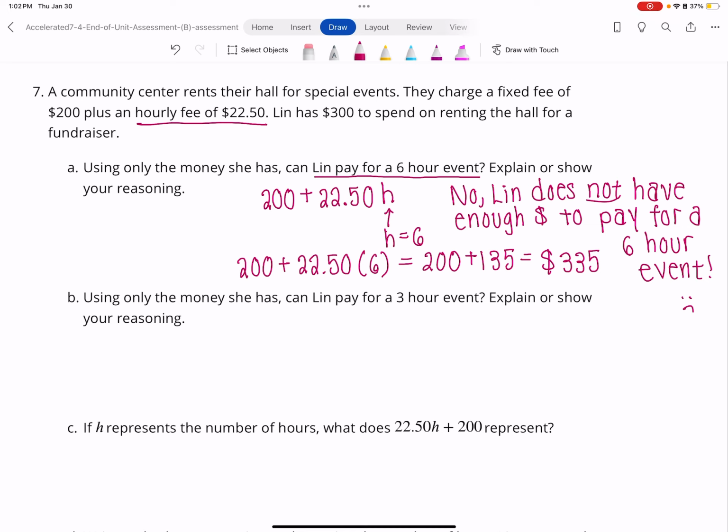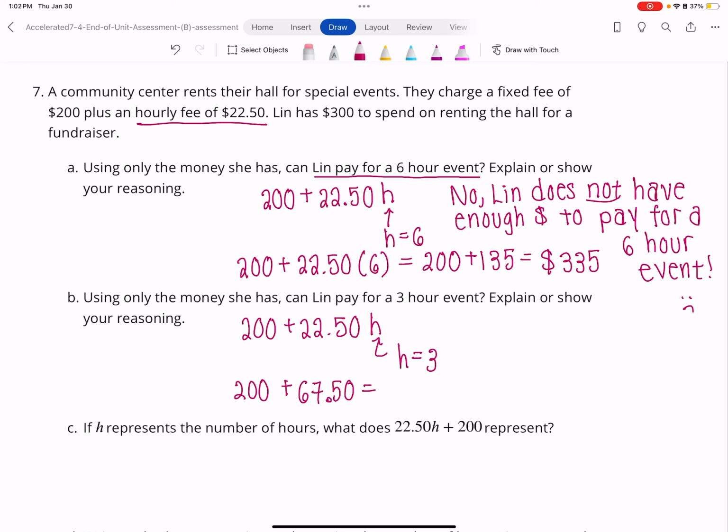Part B. Using only the money she has, can Lynn pay for a 3-hour event? And again, we're going to plug in a 3 as H. So we're going to let H equal 3. 200 plus $22.50 times 3, we get $67.50.